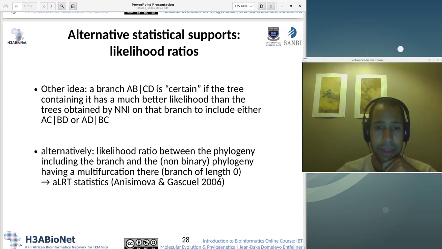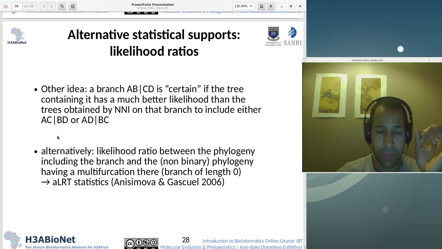Okay, and if the likelihood of this tree is significantly better than this and that, in any case, you will be able to calculate a certain confidence value based on the ratio between this and this. Alternatively, you can also have the likelihood ratio between the phylogeny including the branch, and the non-binary phylogeny that is not resolved on this specific node.